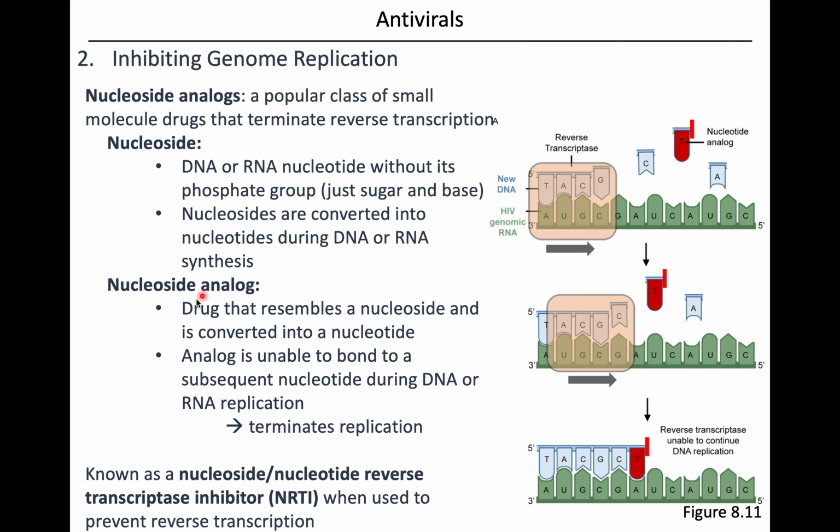And so these analogs are chemicals that physically resemble nucleosides. They can actually get converted into nucleotides, but those nucleotides that are generated from the nucleoside analogs are now incapable of forming new phosphodiester bonds. And so if they get incorporated into a growing DNA chain, they basically act as a chain terminator. So they're going to block production of new DNA.